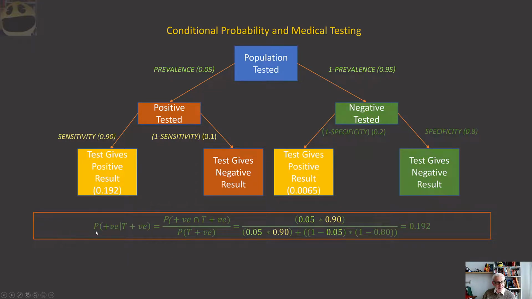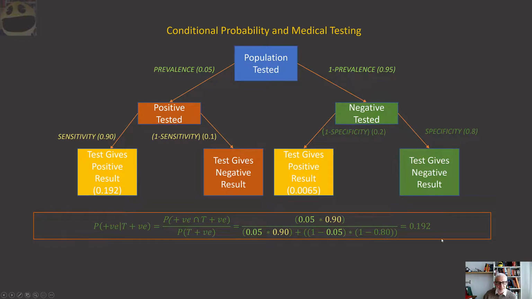Now, in this case, the positive, given that you've tested positive, same thing as we've just done. Now we've just put the numbers in from our chart here, and we arrive at this statement here, that in a situation where you've got a test which is 90% accurate and is also able to detect the correct disease 80% of the time, those seem like big numbers, it turns out that, given that you test positive, you are positive, it's 0.192.